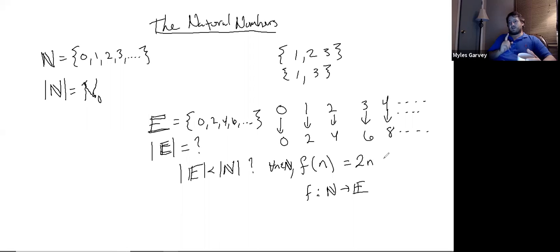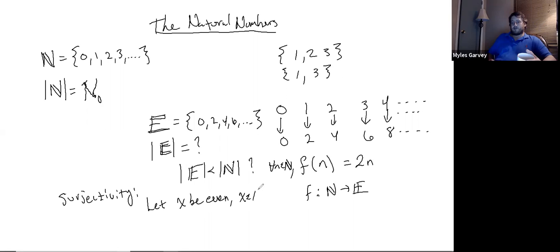Question, is this function bijective? Well, let's see. First, we need to prove surjectivity. Here's how we do it for this case. Let x be even. That is, x is a member of the even numbers. So x belongs in the range here.